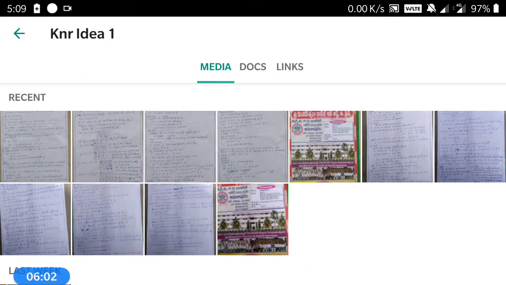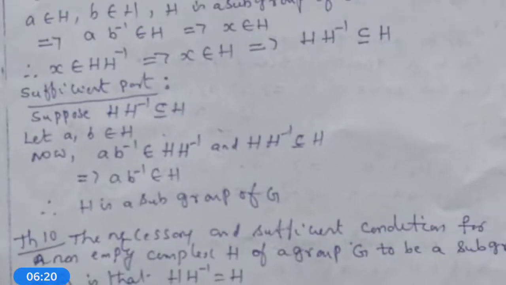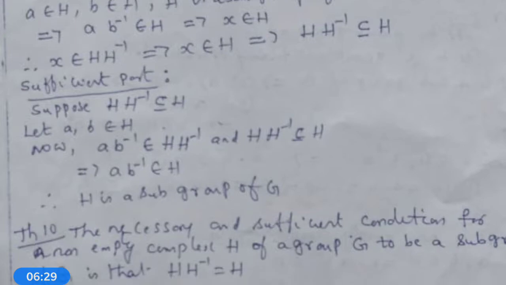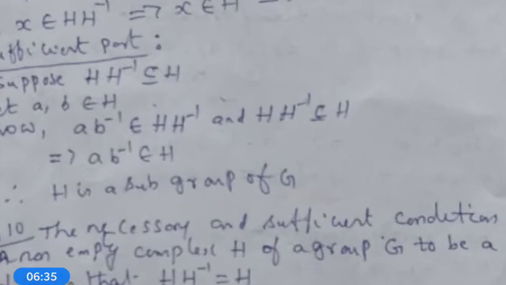H is a subgroup of G. So let a, b belong to H. Now ab inverse belongs to HH inverse, and HH inverse is a subset of H, which implies ab inverse belongs to H. So from the necessary and sufficient condition of a subgroup to be a group, H is a subgroup of G if and only if a, b belongs to H implies ab inverse belongs to H. Therefore, H is a subgroup of G. So the sufficient condition is also proved.